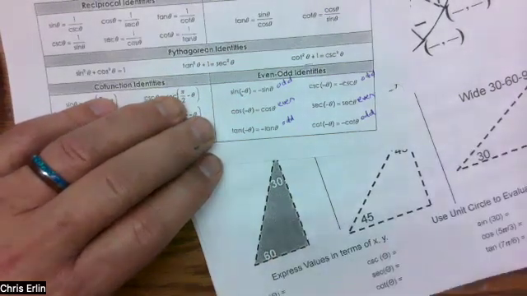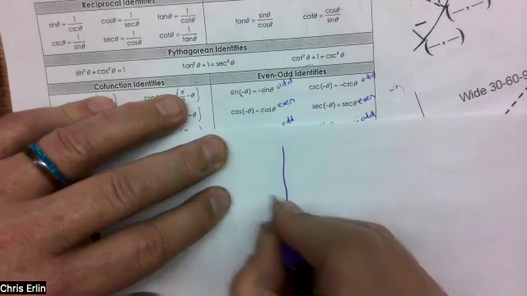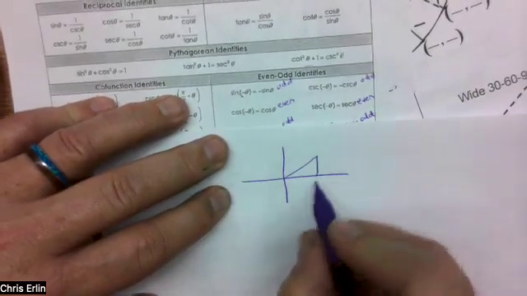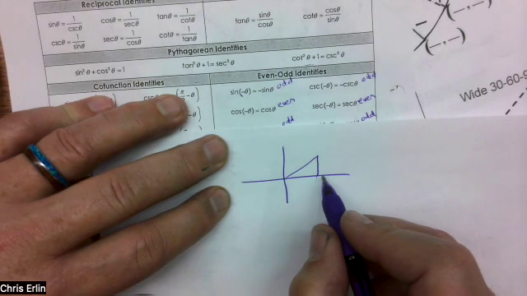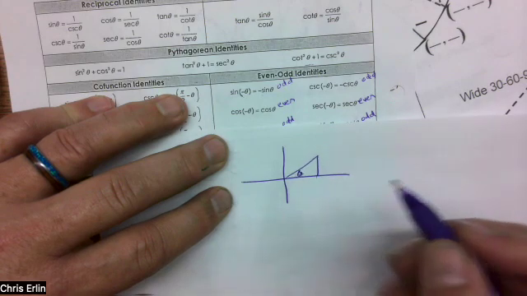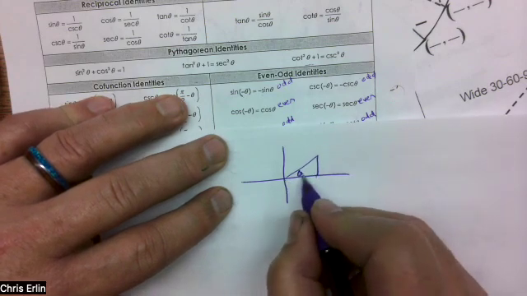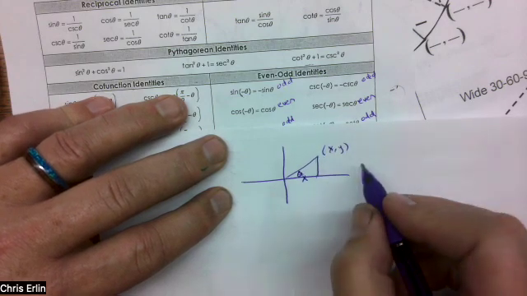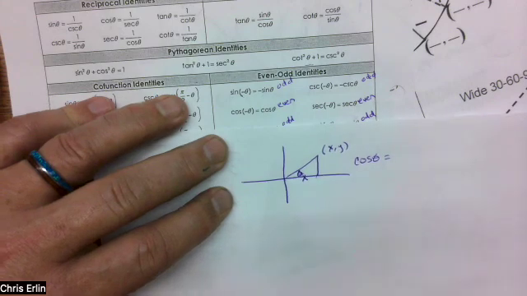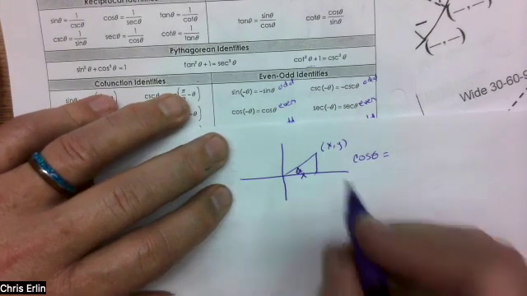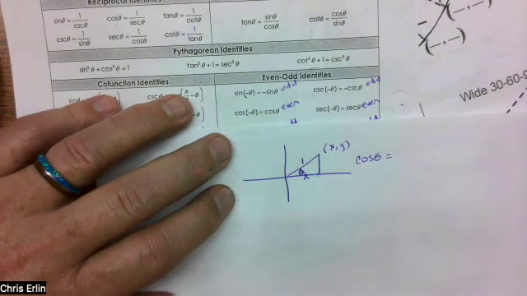And let's look at something else about this. If I take an angle some theta, and this is theta, and this coordinate is x comma y. What's the cosine of theta? Cosine is x or y?